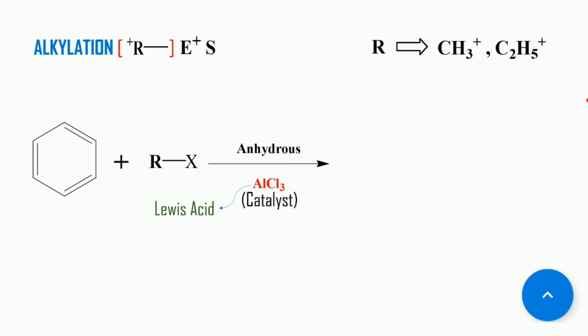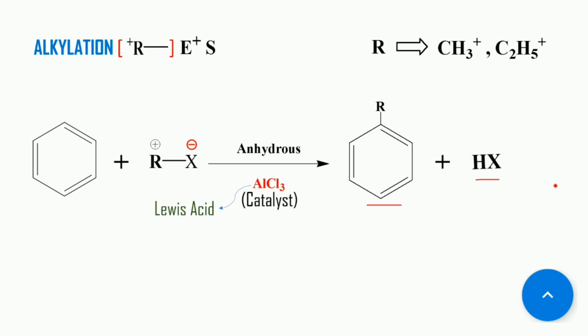After fusion takes place, we get our electrophile, means R⁺, which will attach to our benzene later, and also we get a side product like HX. So this is our desirable product after completing the Friedel-Crafts alkylation of benzene, and this is our side product HX.